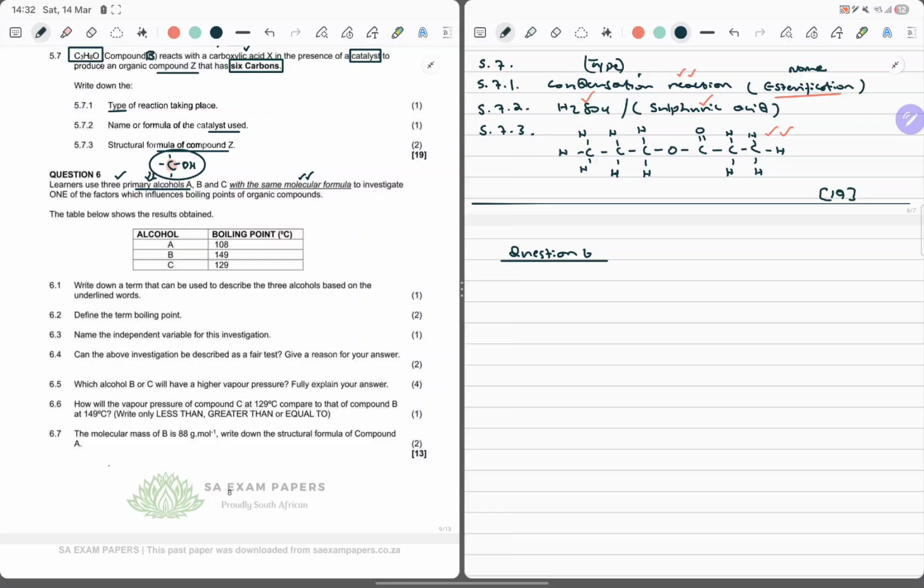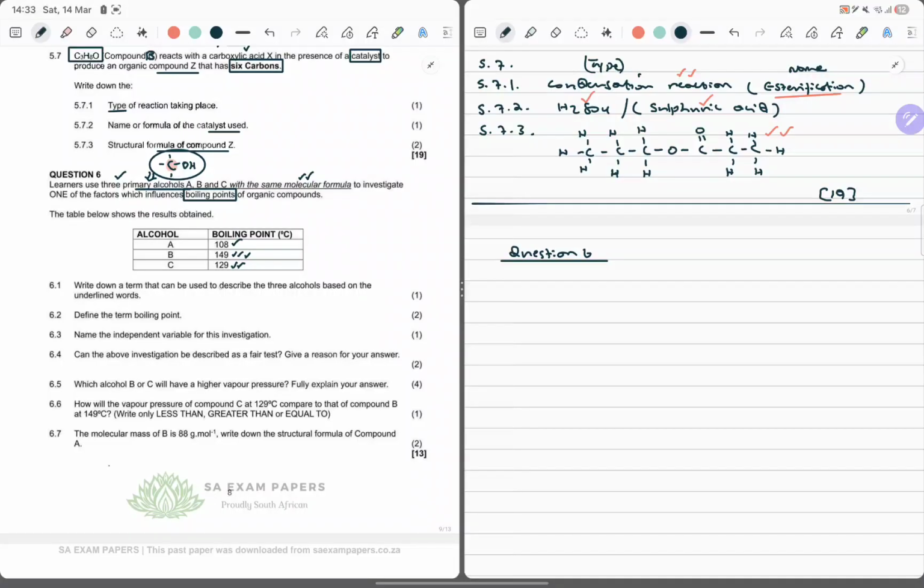Same molecular formula. Of course, we've got alcohol A has a low boiling point. Alcohol B has the highest boiling point. And then alcohol C has the second highest boiling point. So obviously it means A has less strong intermolecular forces compared to C and B.